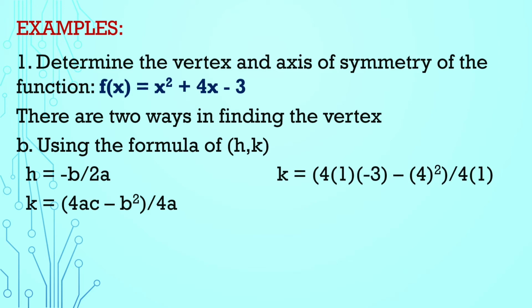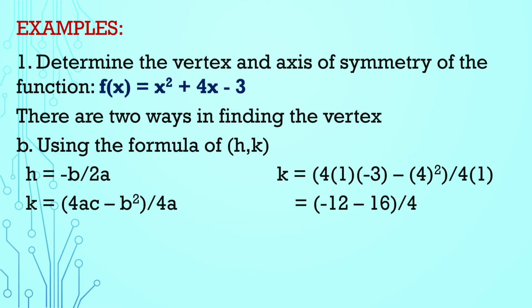So k equals, so ang ating a ay 1, ang ating c ay negative 3, at ang ating b ay 4. Ayan, sinubstitute lang po natin yung ating given sa ating formula. So, negative 3 times 4 times 1 is negative 12. And negative quantity 4 squared is negative 16.